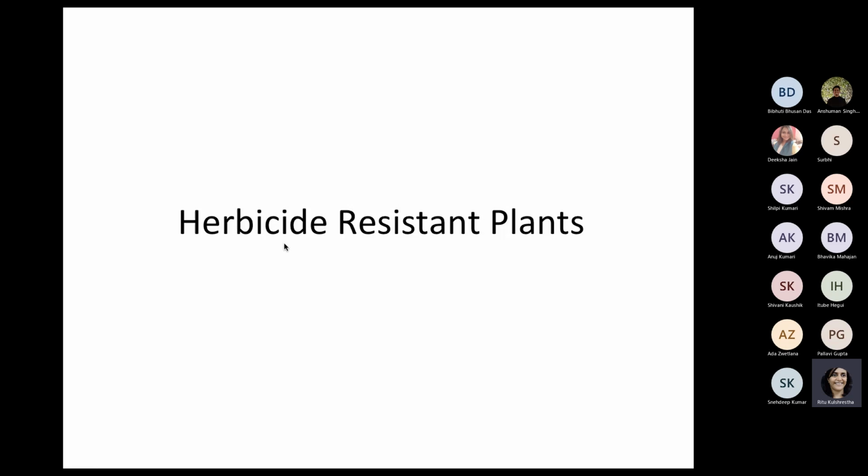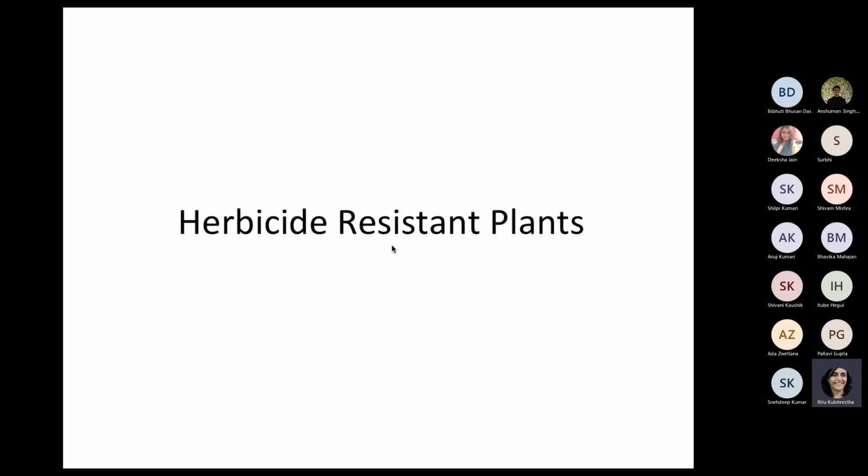So the only way to ensure that your crop is saved and only the weeds die within the field is by spraying only on the weeds. So it becomes very difficult. And then there was a need to find a strategy where the plants are totally resistant to the herbicide while the weeds die, and the farmers don't have to be very careful while spraying.